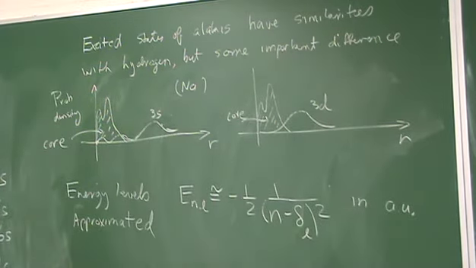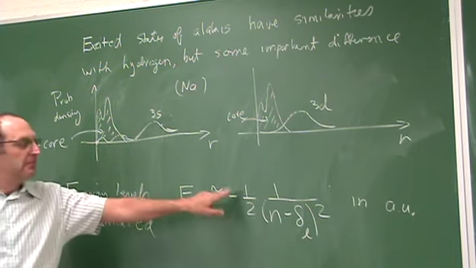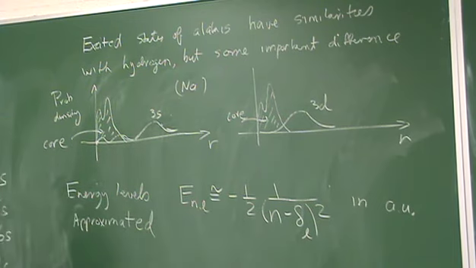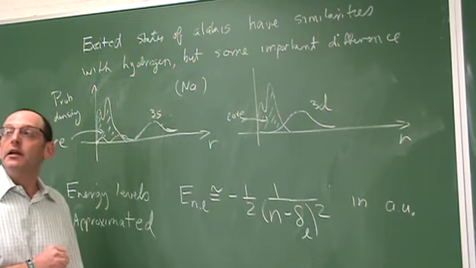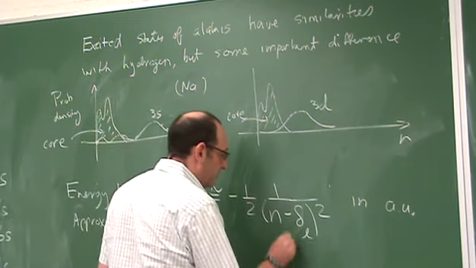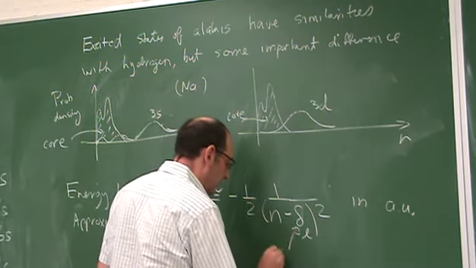When we had hydrogen, we just had minus a half times 1 over n squared, n being the principal quantum number. Now we have a modification of it by an amount that depends on L, and that little correction is what's called the quantum defect.